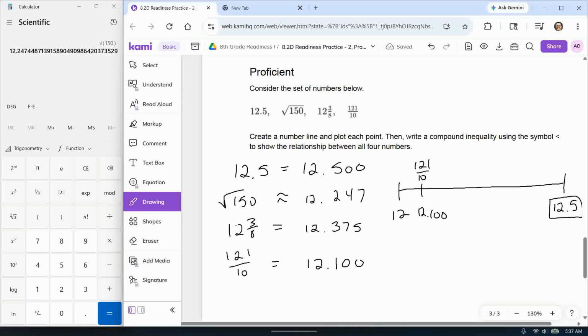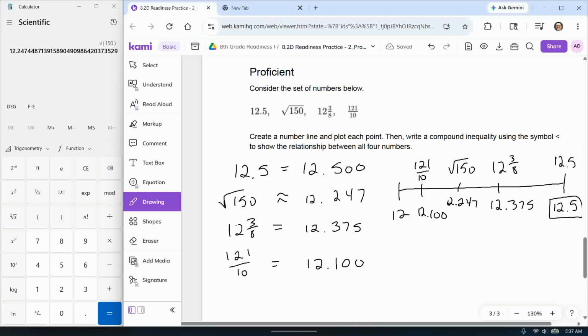We've got 12.247 next, and that's going to be the square root of 150. And then my 12 and 3/8, so 12.375, or 12 and 3/8. And then let's get my 12.5 up here.